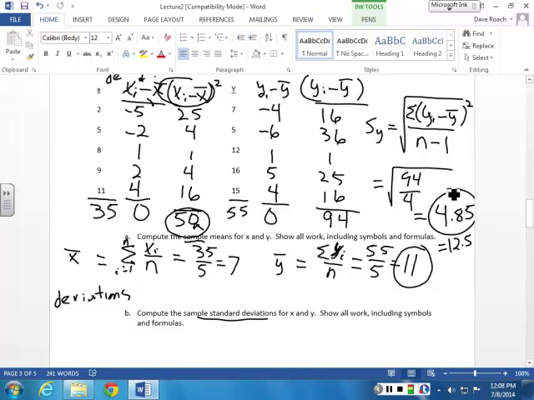If I were computing the variance, I just wouldn't take the square root, 23.5.